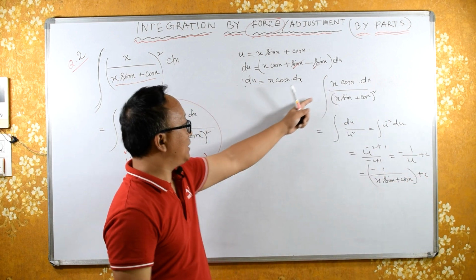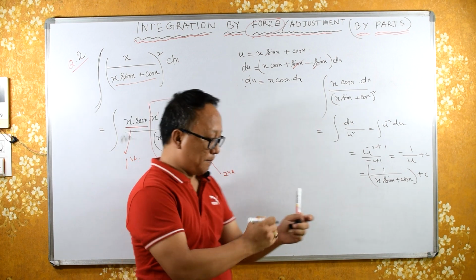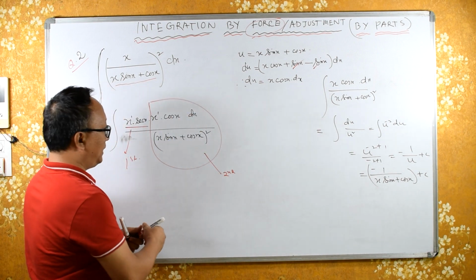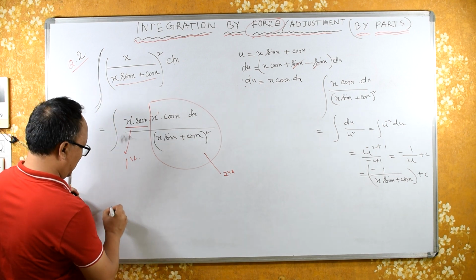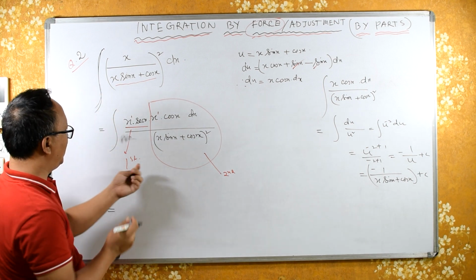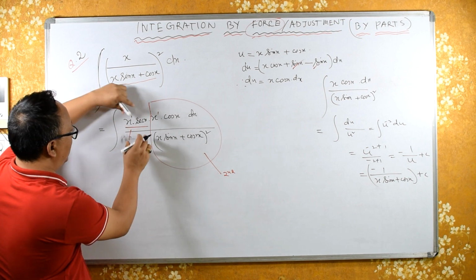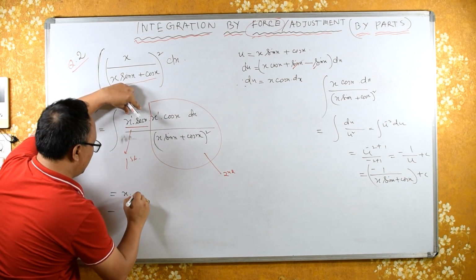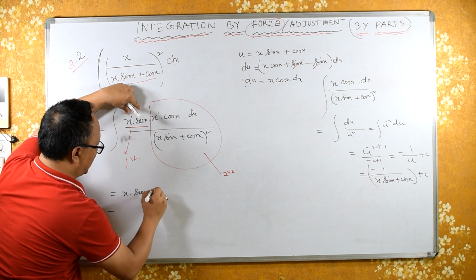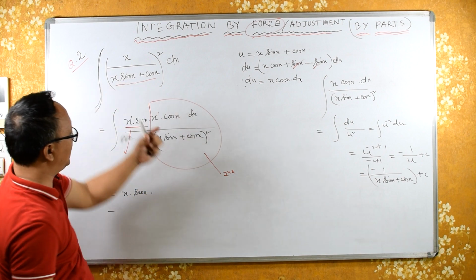Now integration of this becomes this, okay? Now this is equal to, by applying the integration by parts formula, the first function we keep as it is, x into sec x, into integration of this, okay?